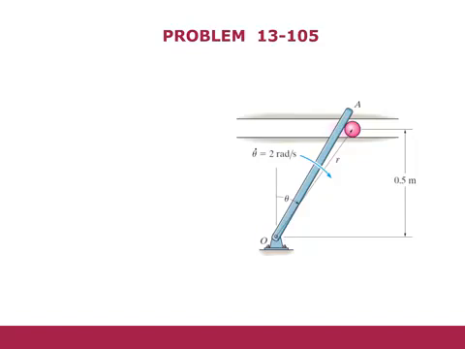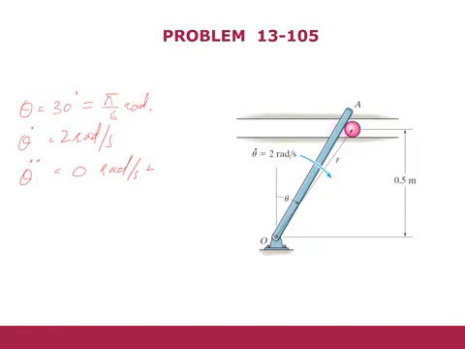We are provided with theta, which is 30 degrees. We have theta dot, which is 2 radians per second, and theta double dot equals 0 radians per second square. These are the values of theta. We can convert this 30 degrees into radians as pi by 6 radian.